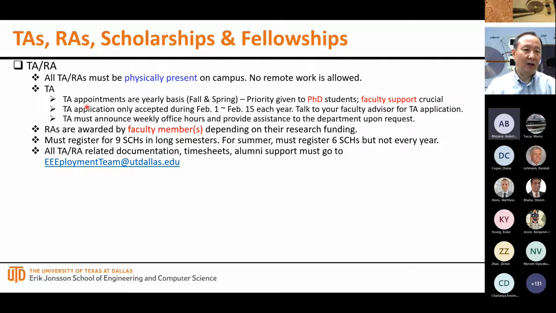TAs and RAs must register for 9 semester credit hours in long semesters, and for summer in even years, you must register for 6 semester credit hours. All RA and TA related documentation, timesheets, and alumni support once you graduate must go to this email address, not the ECE Graduate Office email address. This is the email address for TA, RA, timesheets, and alumni support.